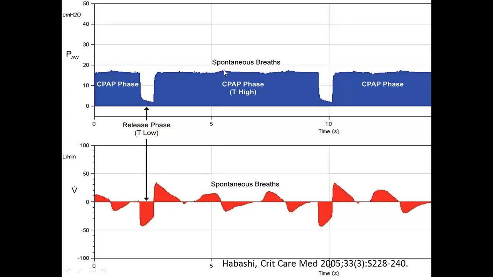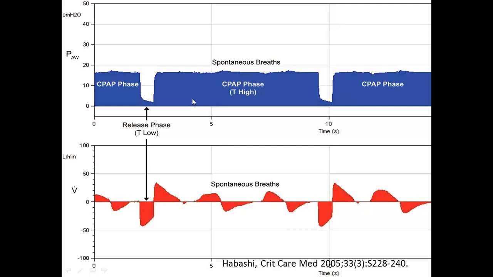And if you notice up on the pressure again, the airway pressure goes up slightly during exhalation. This is very common. So during P high, the patient's allowed to breathe in and out, breathe in and out, and again you can see these during inspiration and expiration, inspiration and expiration.